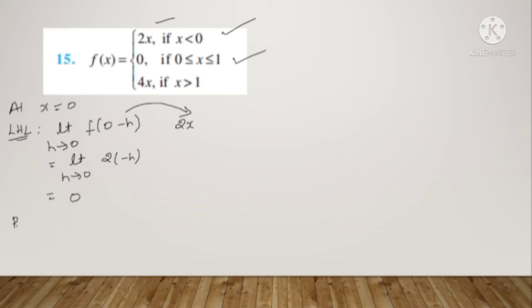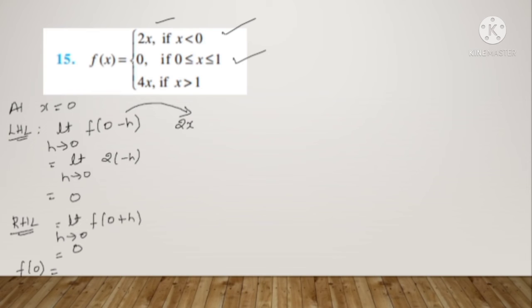The next we will be finding the right hand limit RHL. Limit h tends to 0, f of 0 plus h. So some number is added with the 0. So what will be the f of x? F of x will be 0, because in the closed interval 0 to 1, f of x is 0. So now LHL is equal to RHL, so we have to find the image f of a, that is f of 0.